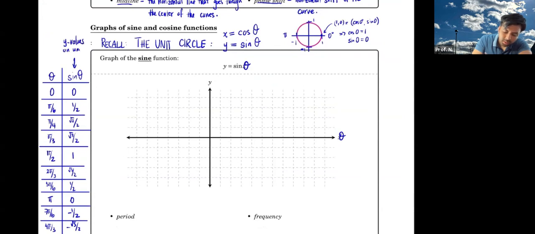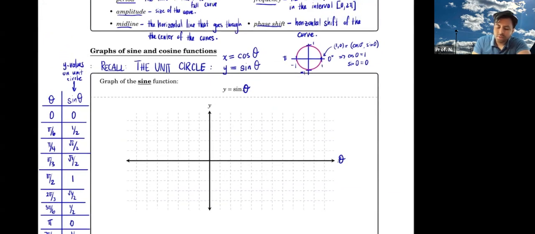These are the y values on the unit circle. So what we're really doing, guys, is taking the unit circle and almost like separating the information into separate graphs. So we're looking at the relationship between the y coordinates on the point of the unit circle and the corresponding angle that's made between the positive x-axis and the terminal side.